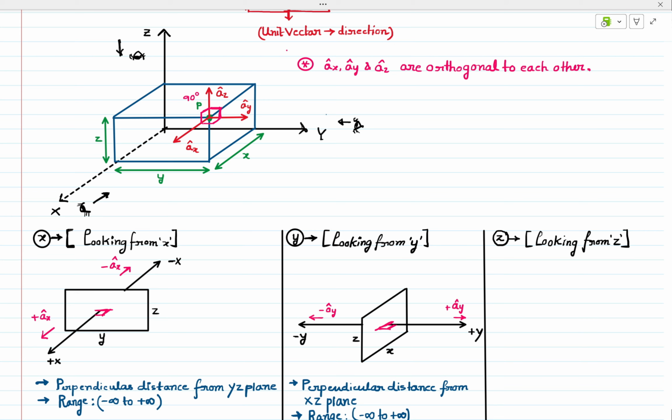If I look from this direction, I will be able to see only the XY plane of this slab.